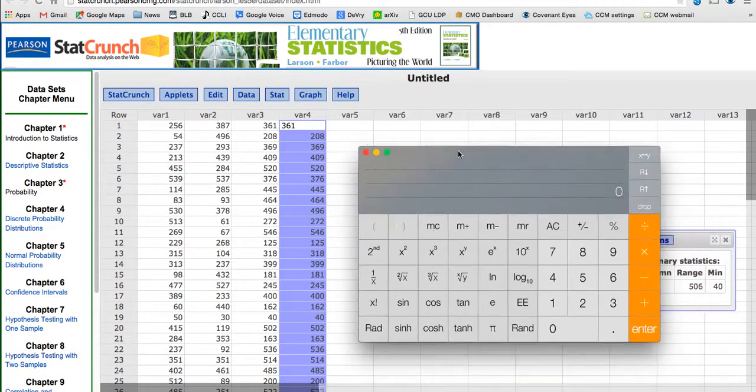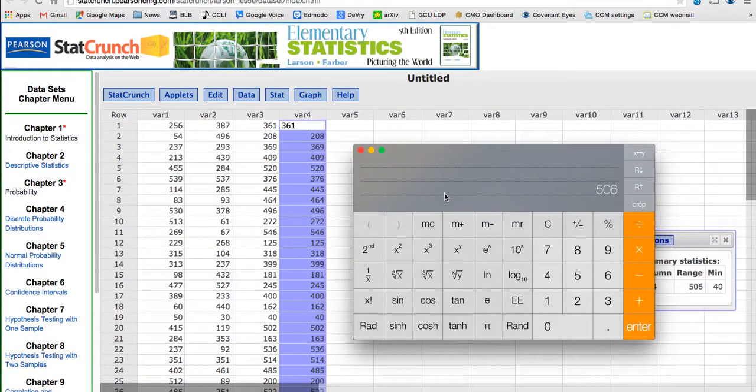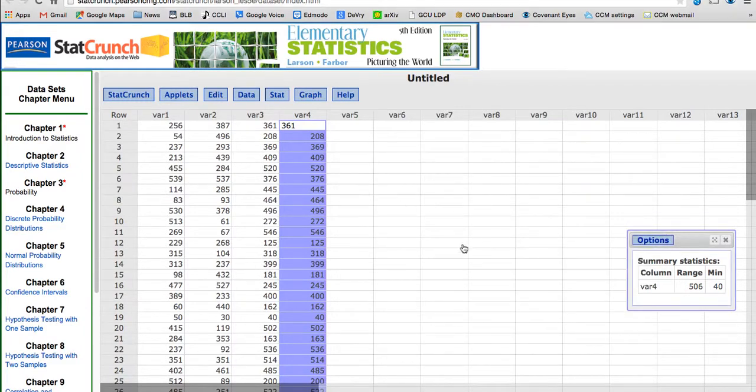Bring a calculator up. 506 divided by 6. You get 84. So rounding up to the next whole number would mean 85. So we need to start at 40, which is our minimum value, and have class widths that are 85 wide.